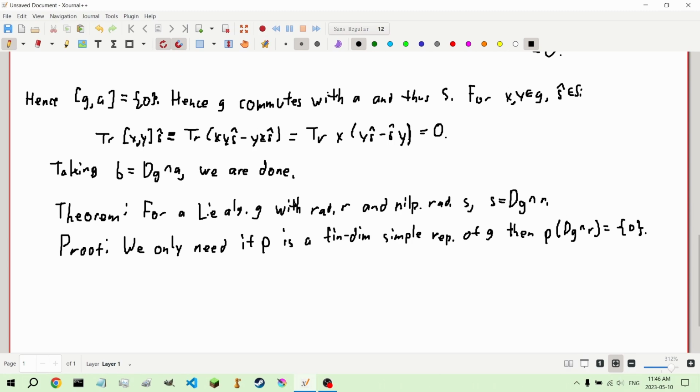So let k be the least non-negative integer such that rho of the k plus 1th derived series element of R is 0.